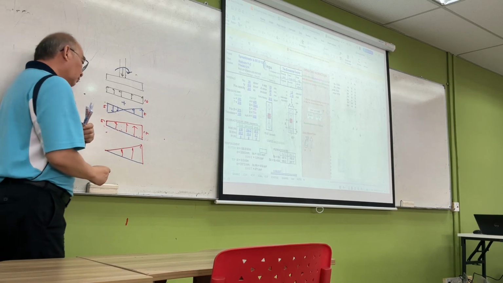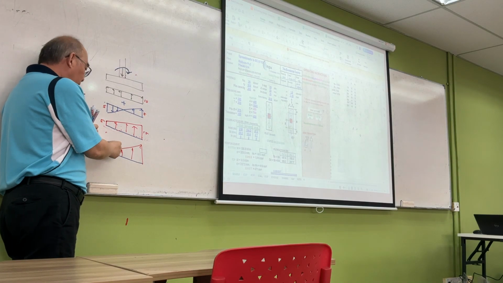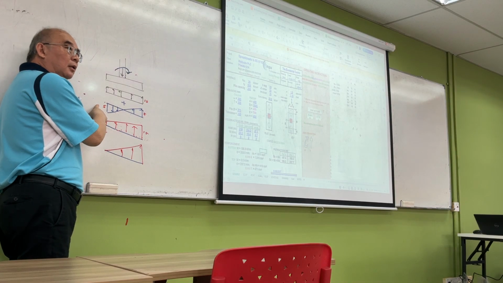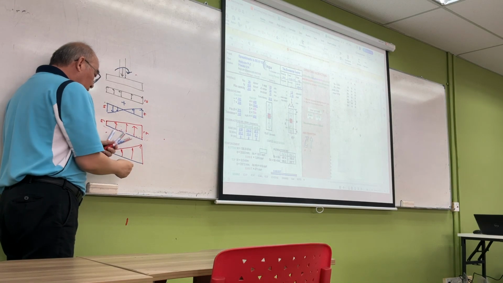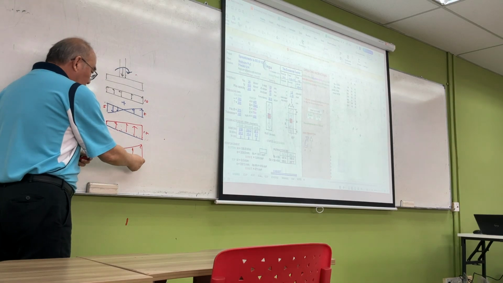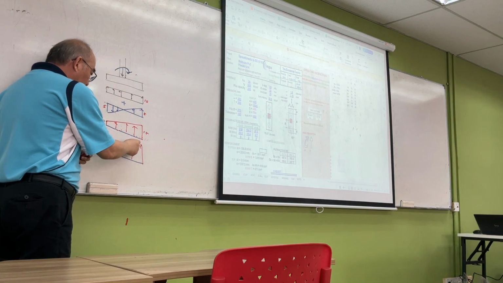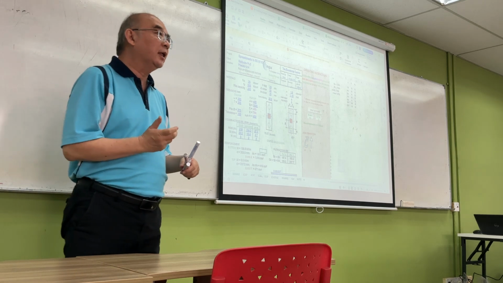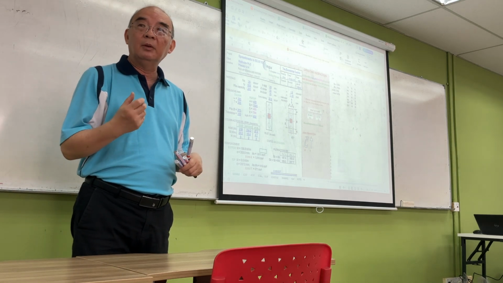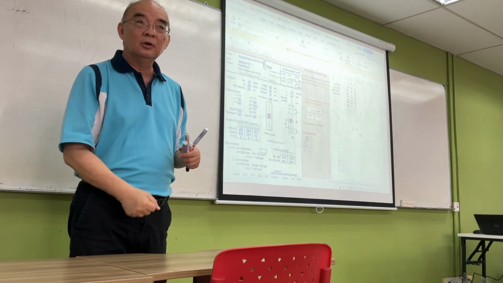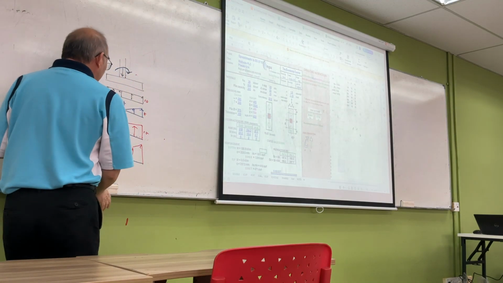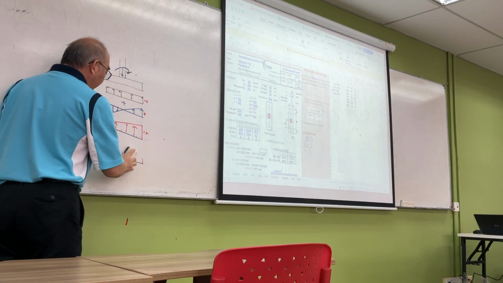So you can have this pressure diagram, you can have this pressure diagram. What happens if this one is greater than 10? Then your pressure diagram will be triangular, but like this. Because the soil cannot take tension. You have to remember, the soil can take compression. The soil cannot take tension.